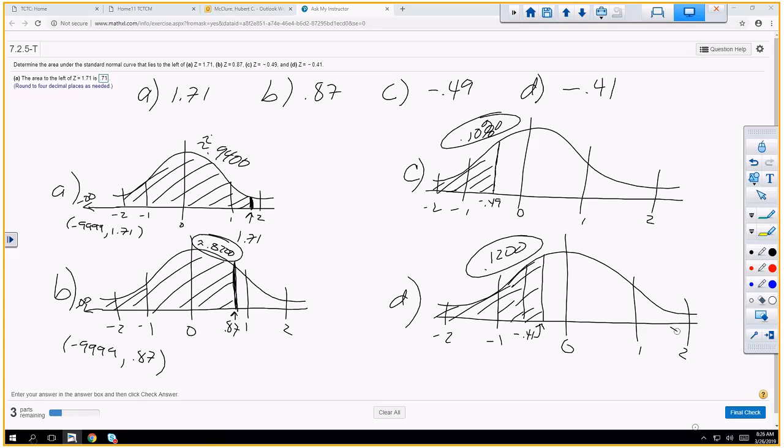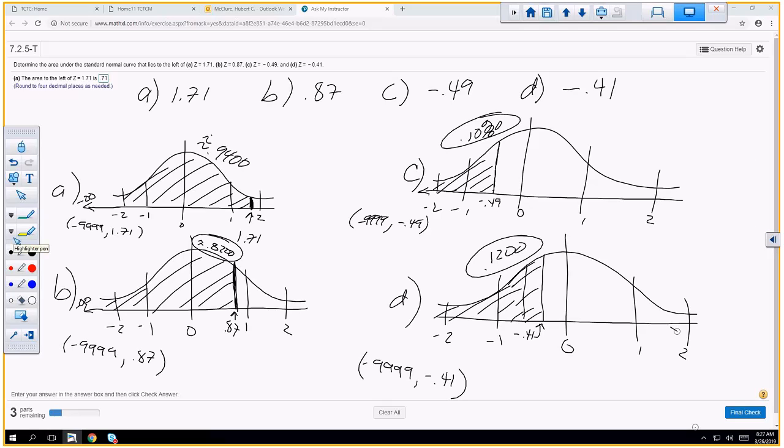This is going to be negative 9999, comma, negative 0.49. And this is going to be negative 9999, comma, negative 0.41. And somebody give me 4 digits on all of these. Let's go with this one. We'll do it in green, so y'all know that's the answer.